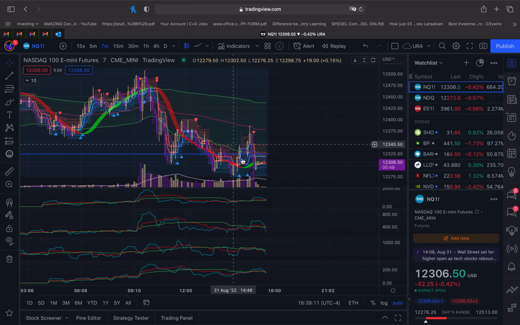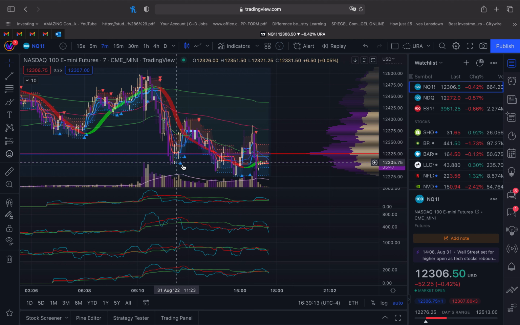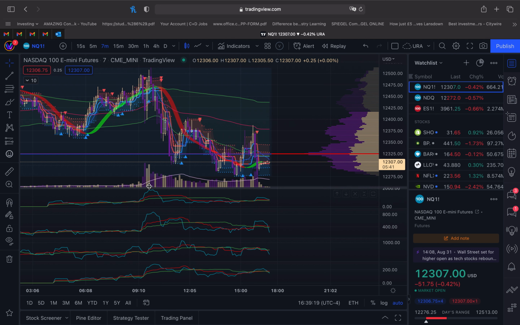Now let's flip over to the 7-minute and look at the same time point. So it's a bit more granular. You can see things in a more detailed view. So we'll go over here, 7-minute, and this is where you usually get a bit more pinpoint accuracy.